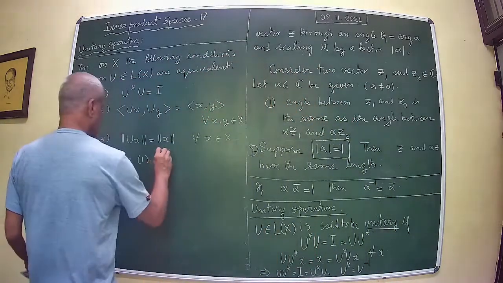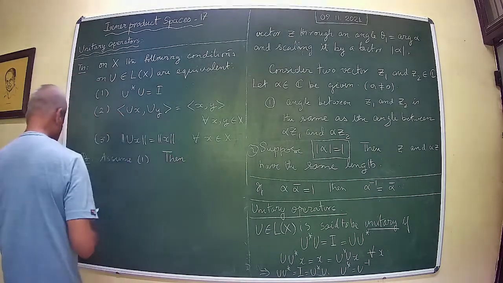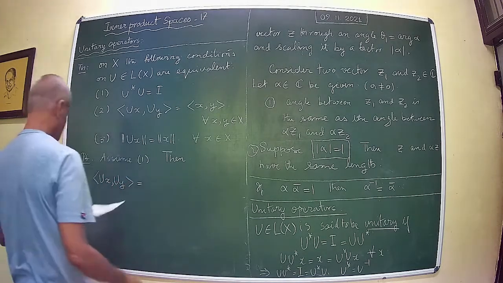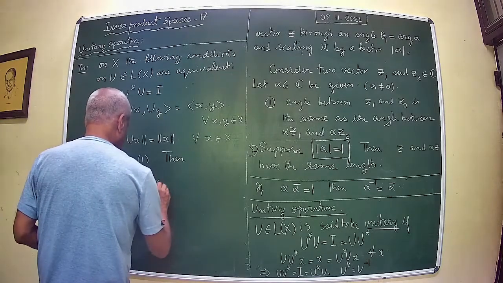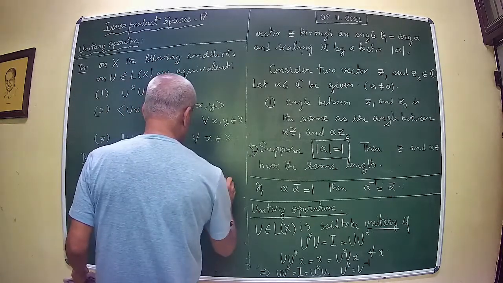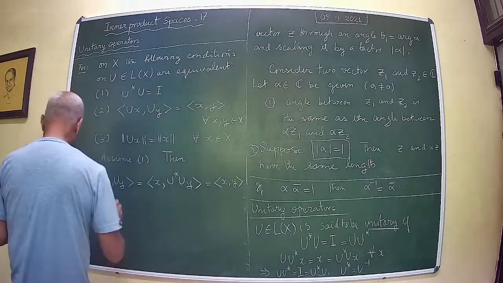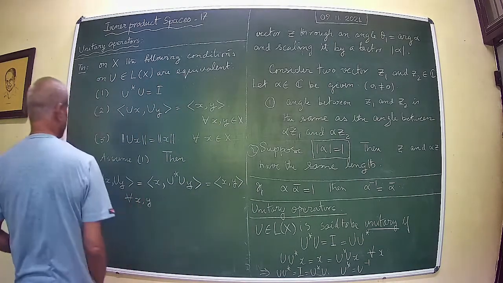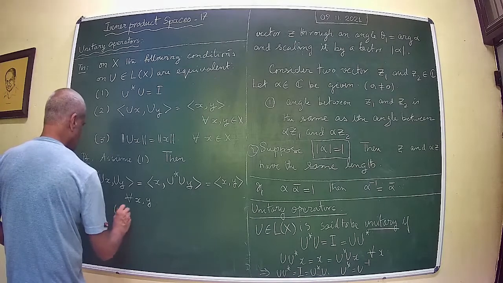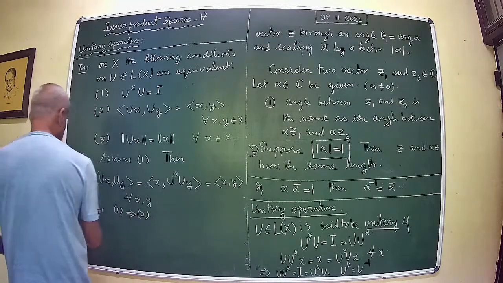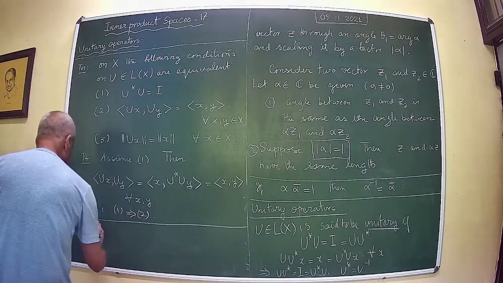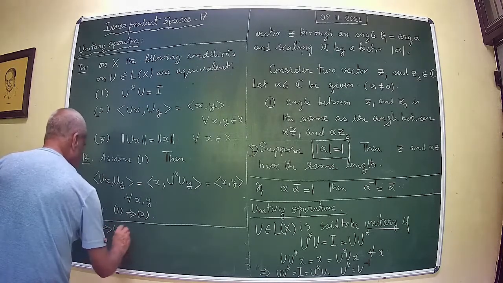Then inner product of Ux and Uy equals inner product of x and y, and this is true for every y. That's the first part. Now assume 2.